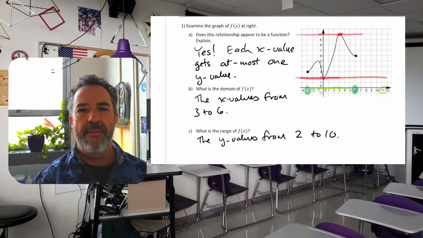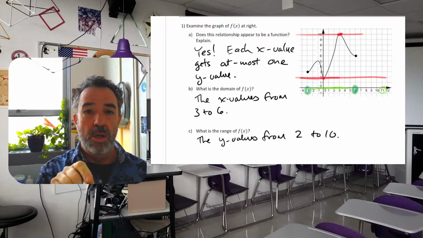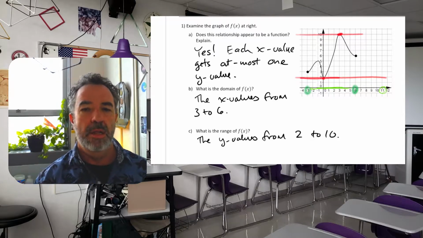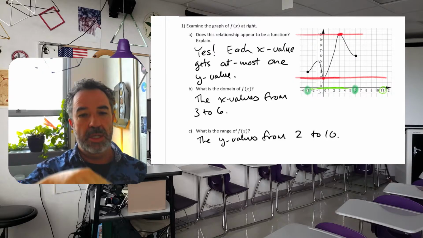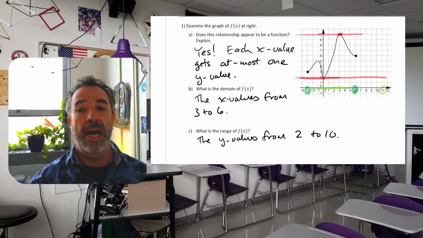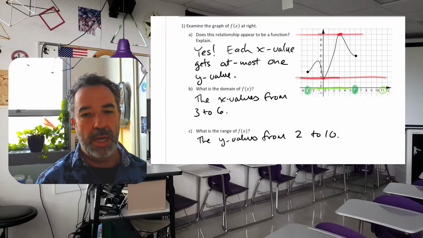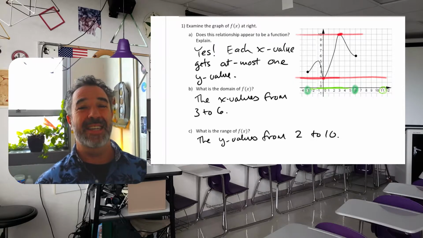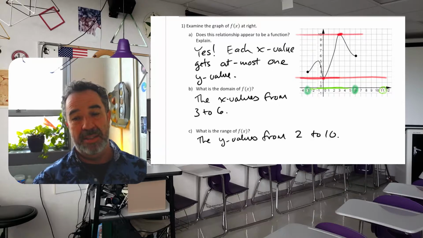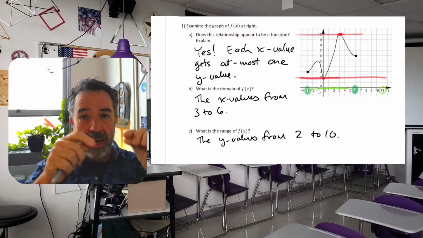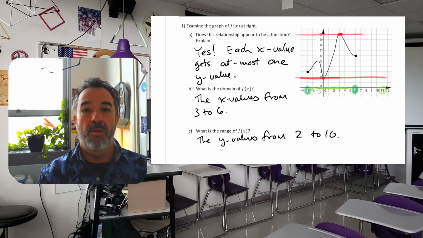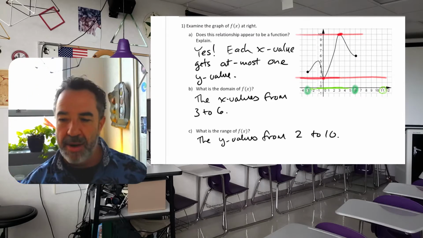And my y values are everything from 2 all the way up to 10. I can get a 2, I can get a 10, I can get anything in between. I can't get anything bigger than 10, and I can't get an output that's smaller than 2. So again, domain, what can you put into it? Range, what can you get out of the function?